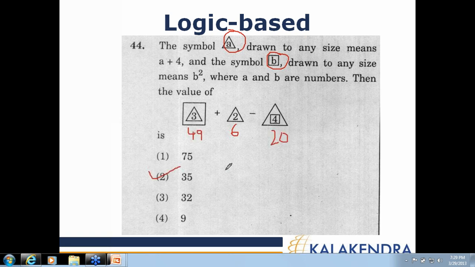Now these kinds of questions are completely commonsensical to that extent, which is why we call them logic-based questions. But one needs to be very clear in approaching these questions. The first thing you need to do is read and understand the question well.